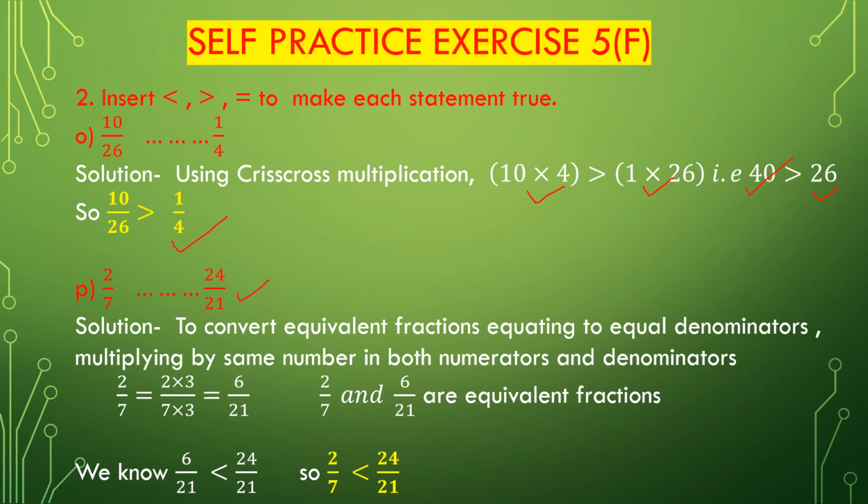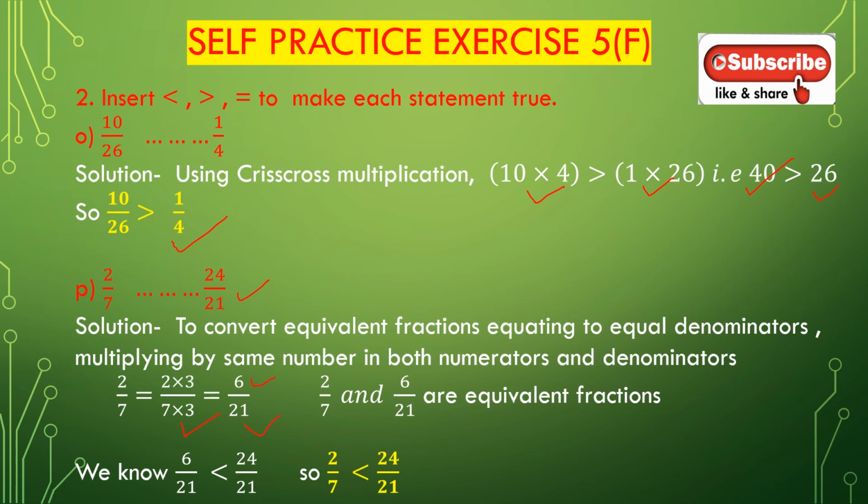So multiply the denominator 7 of 2/7 with the number 3, we get 21, which is equal to the LCM of the denominators 7 and 21. So multiply the same number 3 with both numerator and denominator of 2/7. So multiply numerator 2 with 3, we get 6, and multiply the denominator 7 with 3, we get 21.